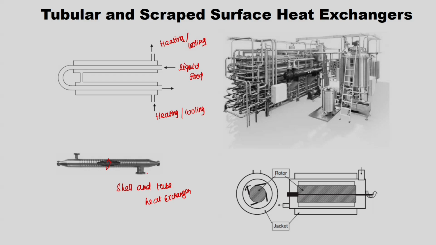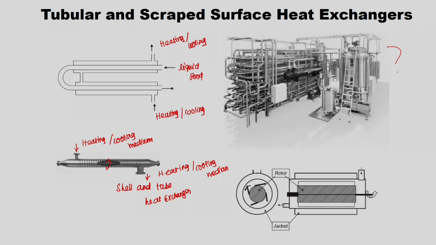Then on the shell side, your normal heating or cooling medium will be flowing. Inside the tube, your food material is flowing.